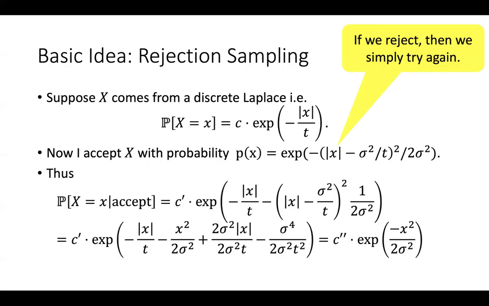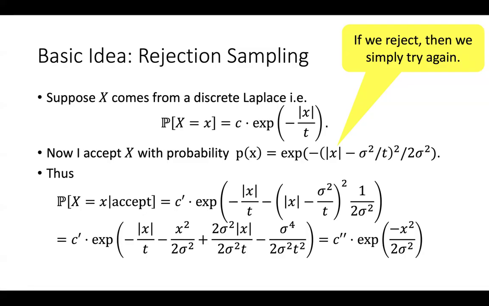Then if we look at the conditional probability, the probability of an output x conditioned on accepting, you'll see that there's a simple calculation. I don't expect you to work all this out, but basically you get a discrete Gaussian out of this, because the absolute value and the acceptance probability cancel out, and you get a minus x squared.